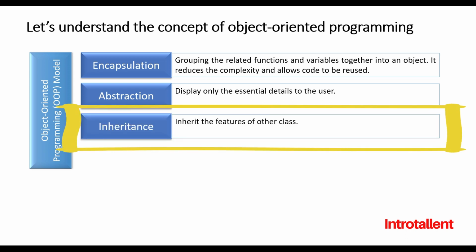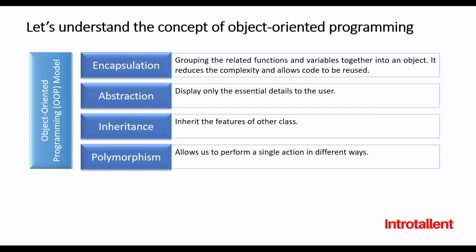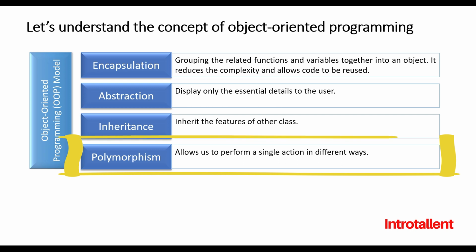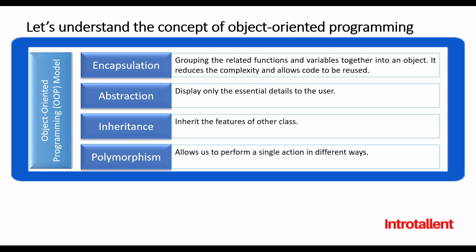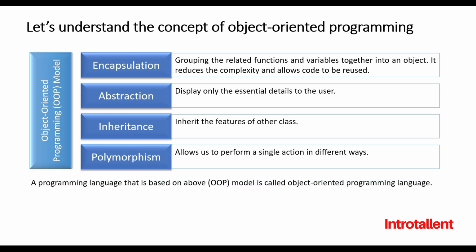Inheritance, which is basically inheriting the features of other class, and polymorphism, which means basically performing a single action in different ways, right? So these are the part of object-oriented programming model, and any programming language that is based on this object-oriented programming model is called object-oriented programming language, right?